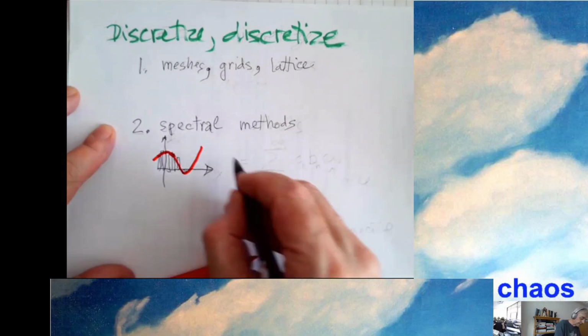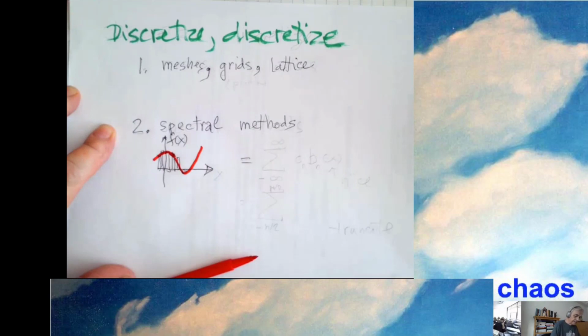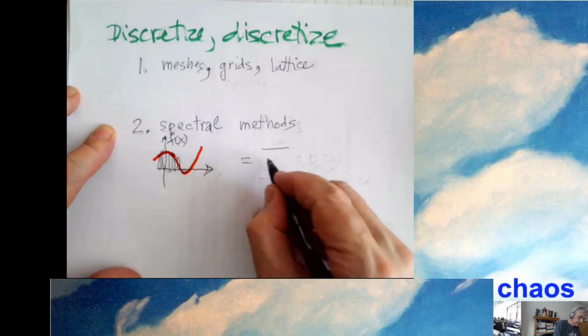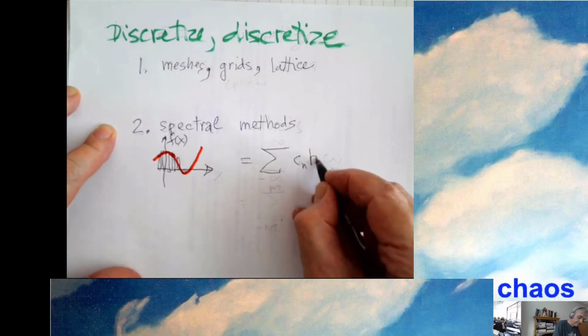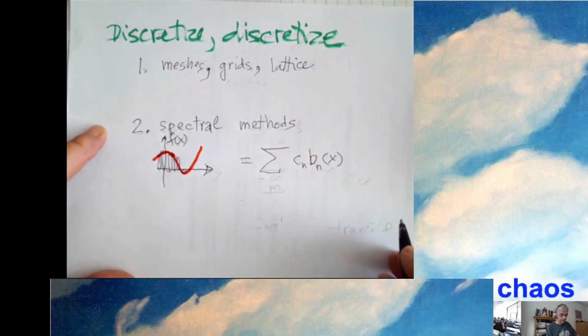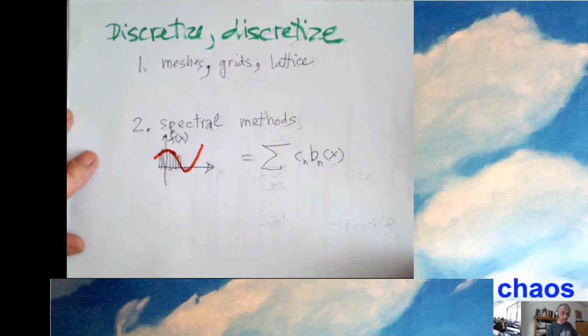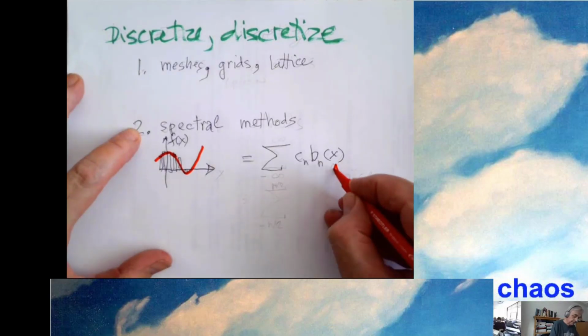And write this function you're interested in as a sum of smooth shapes. So these are some continuous functions which you define mathematically with arbitrary precision. The simplest example is Fourier, but it could be lots of other kinds of things.